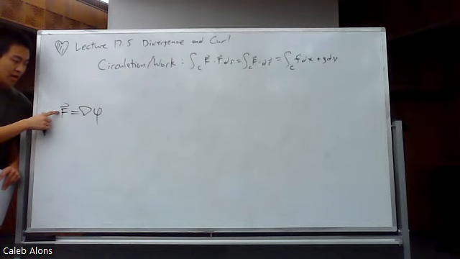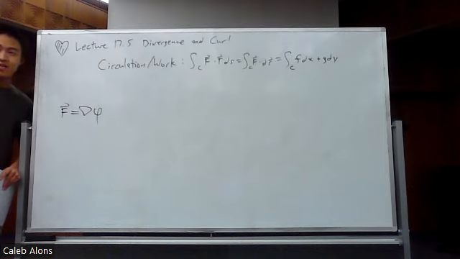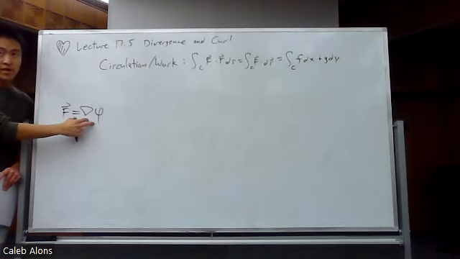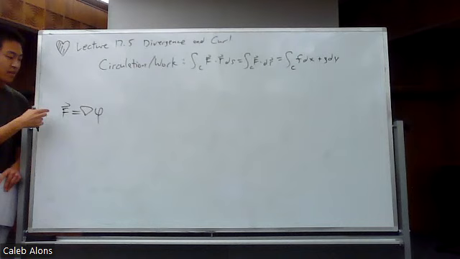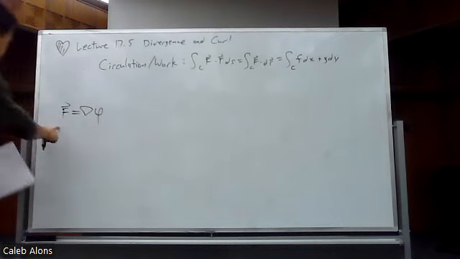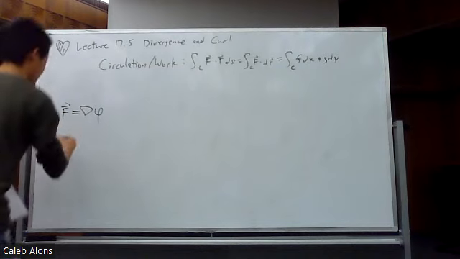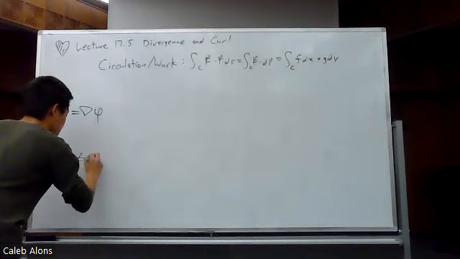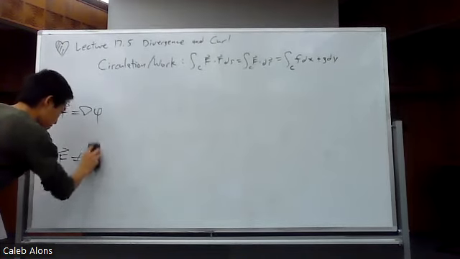Good, which means that F is what kind of a field? Conservative. So if a field is ever presented to you as a gradient of something, automatically fill in F is conservative. There are two options: F is either conservative or not conservative.